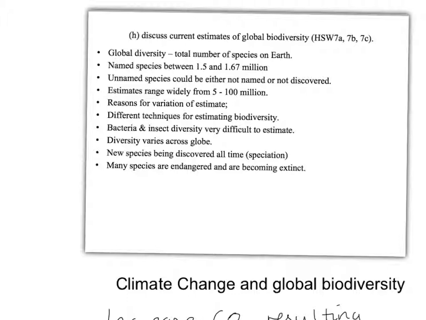This last slide on biodiversity looks at current estimates of biodiversity, and we discuss current estimates of global diversity. Very quickly we see that there is a huge discrepancy in estimates of global diversity, and the discussion aspect of this is to try and discuss why there are such discrepancies.